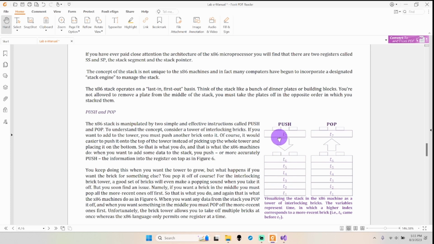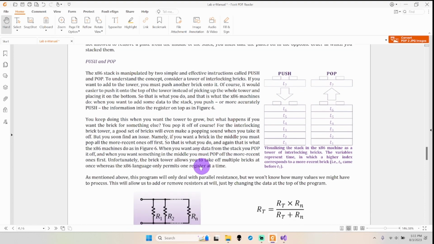So if you stack values, and T7 is the last one who comes in, and you want to take it out, it'll be the first one coming out. If you want to take out T1 first, you have to take out T7 all the way through T2 to be able to take out T1. Okay?